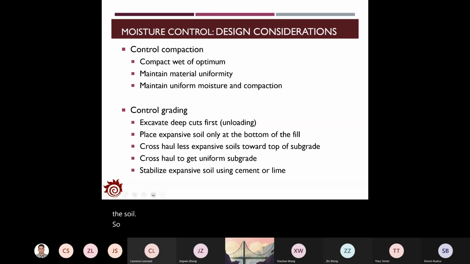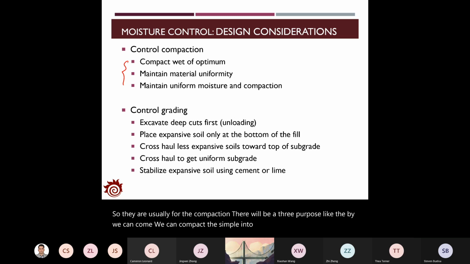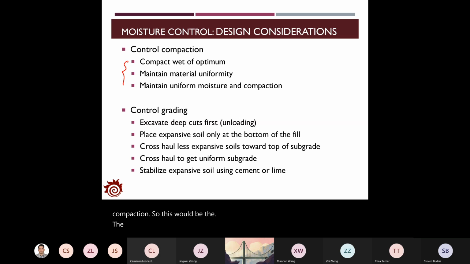Usually, for the compaction, there will be three purposes: we can compact the sample at the wet side of optimum and maintain the material uniformly along the pavement region, and also maintain uniform moisture and compaction. So this would be the objective for us to achieve with the compaction.